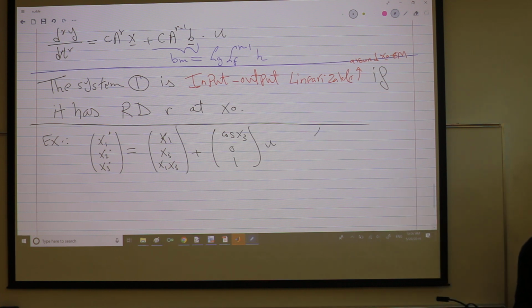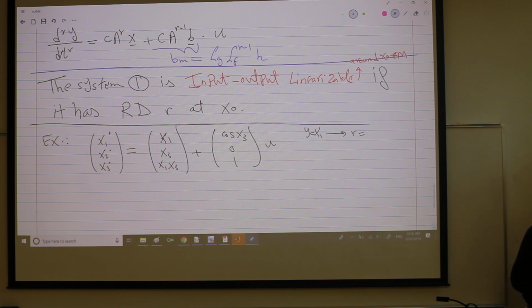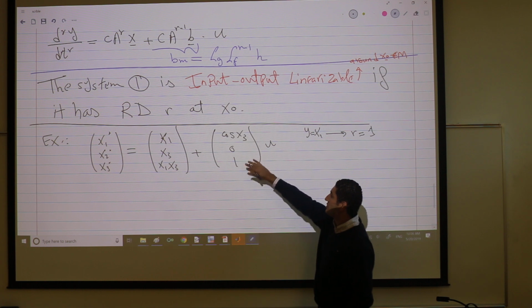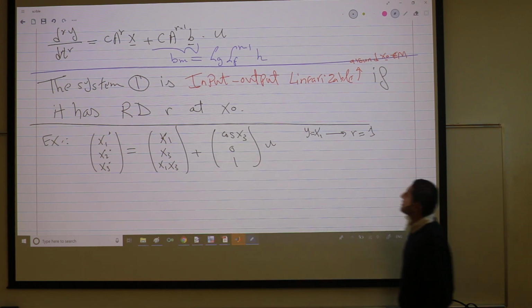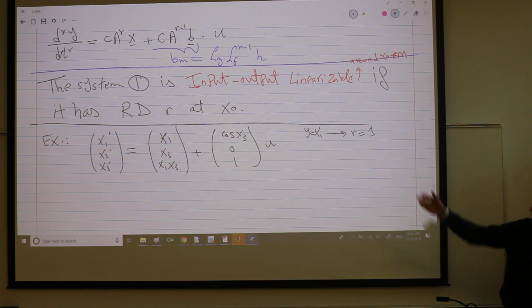What about x1? If you choose your output to be x1, what would be the relative degree? Just 1, right? But not for all x. Luckily, cosine x3 around the origin is far from 0, so it has a well-defined relative degree around the origin, but not for all x.